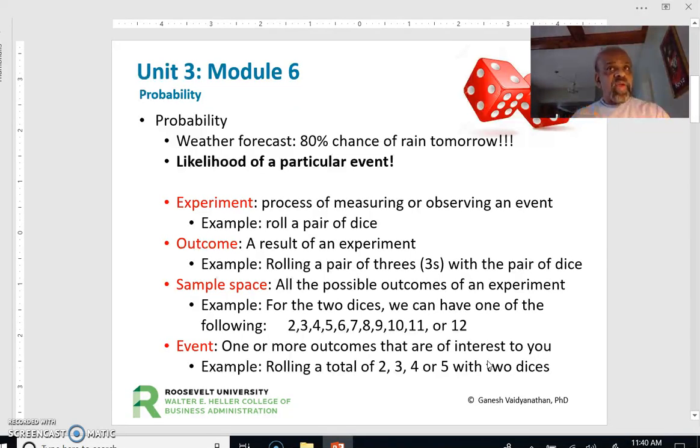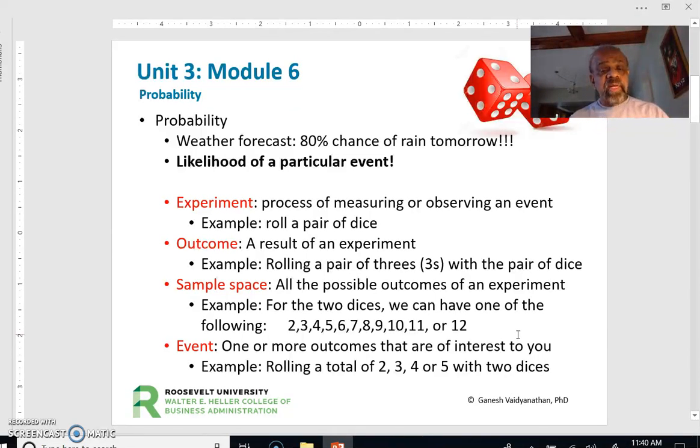Because you have 6 faces, and 1 is the least number and 6 is the highest number, right? So you can see that 2, 3, 4, 5, 6, 7, 8, 9, 10, 11, or 12 will be the sample space. So the total sample space is going to be all those events. And that'll be your sample space.